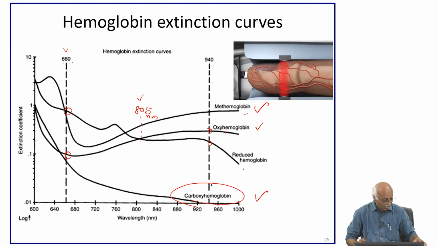But sometimes the carboxyhemoglobin starts increasing, maybe due to the presence of carbon monoxide gases.